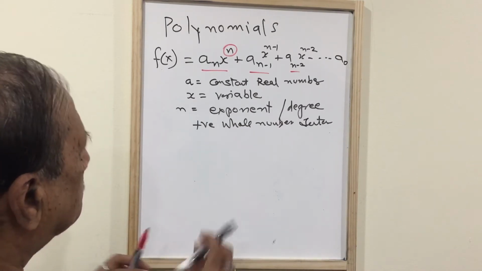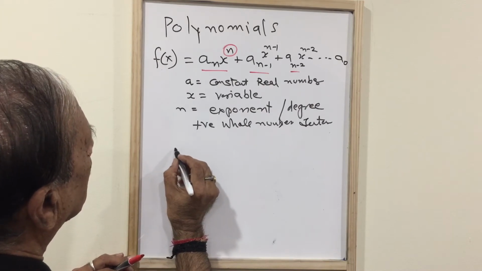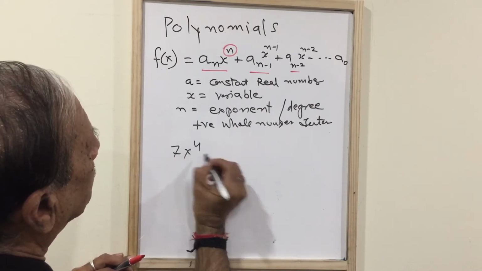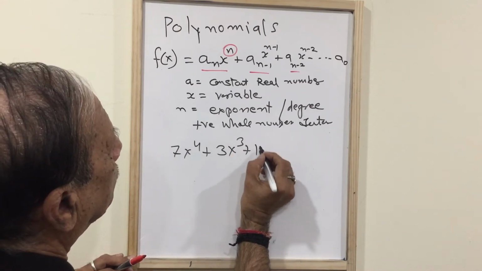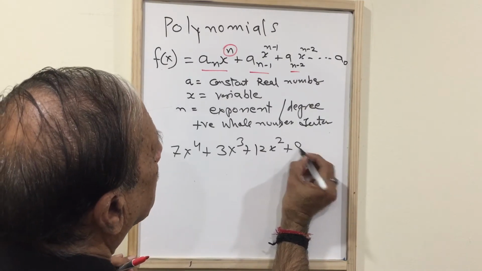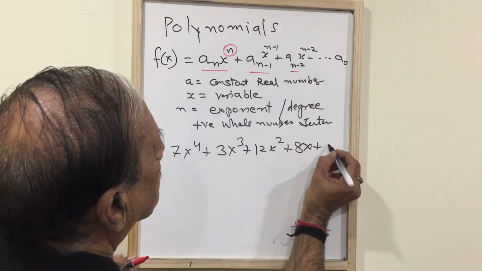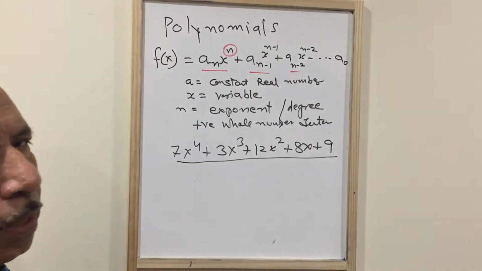So I'll describe the equation like this: 7x to the 4, 3x cube, 12x square, 8x plus 9. So this type of equation is called a polynomial.